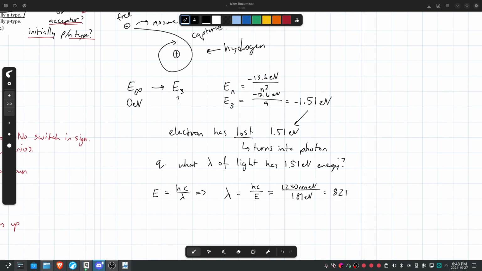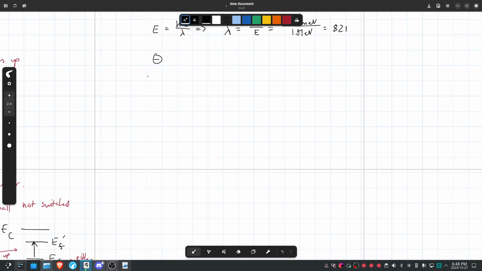What happens to the negative side? That indicates that we lost energy. We're going from 0 electron volts to negative 1.51 electron volts. That means we lost 1.51, and so the electron loses 1.51.